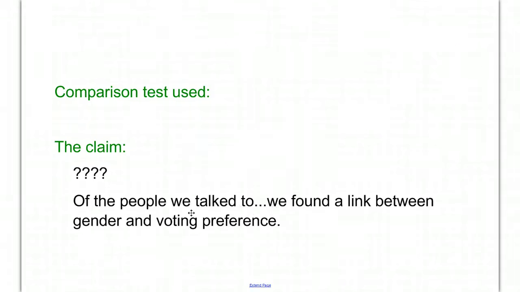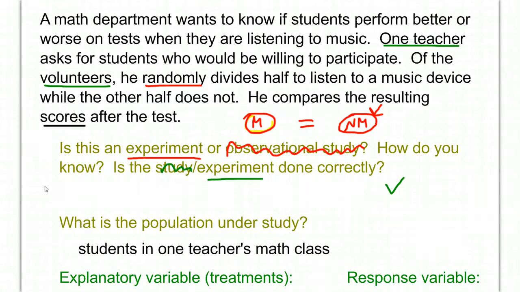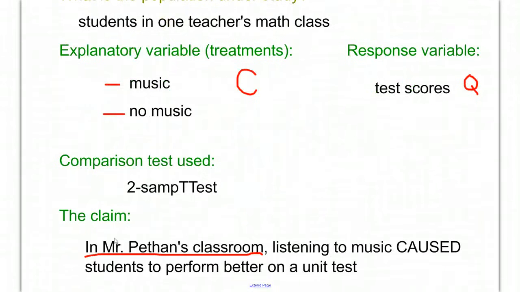So when you're making your claims, be very clear to state not only what population you are applying your results to, but also whether or not something caused something or something is simply linked to that. So again, be very careful when you make your claims to not overstate.